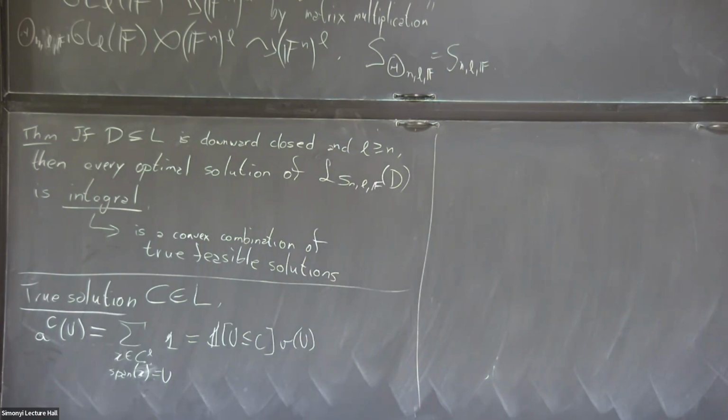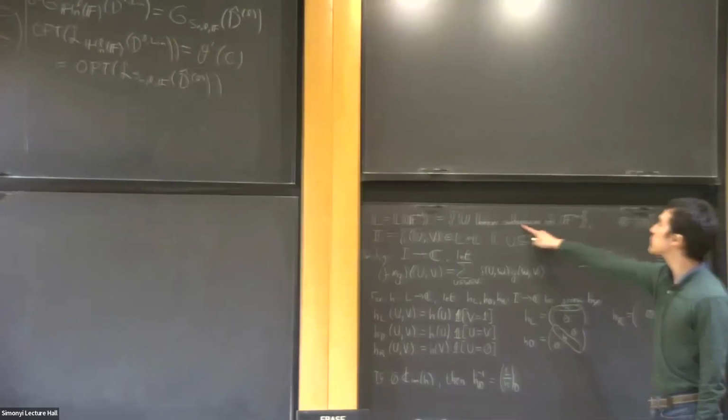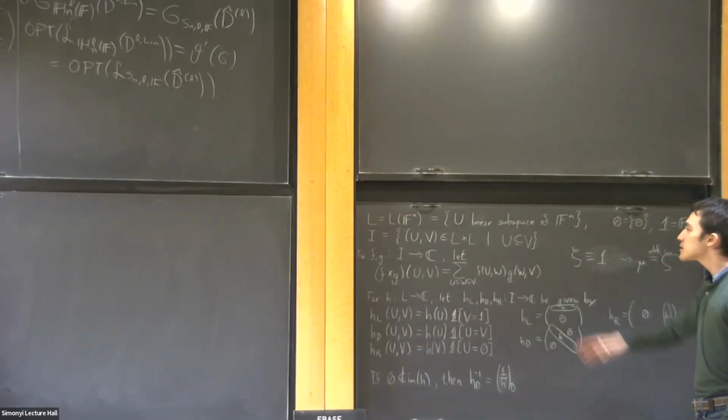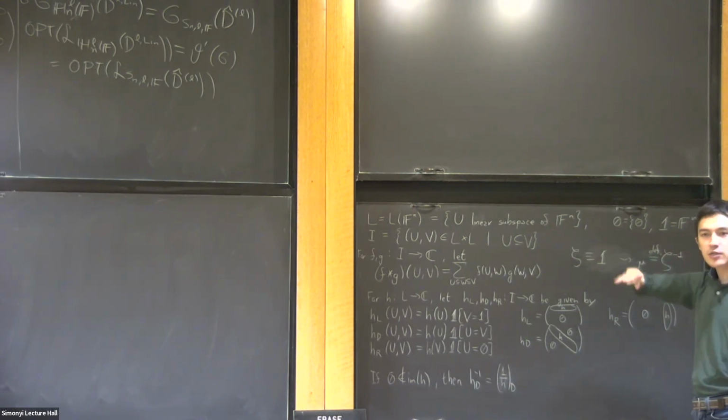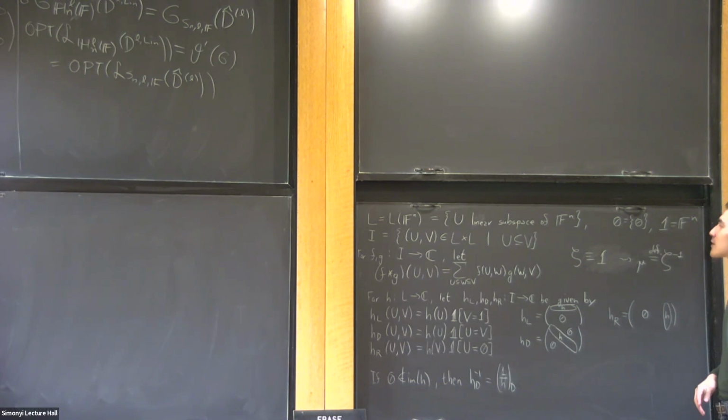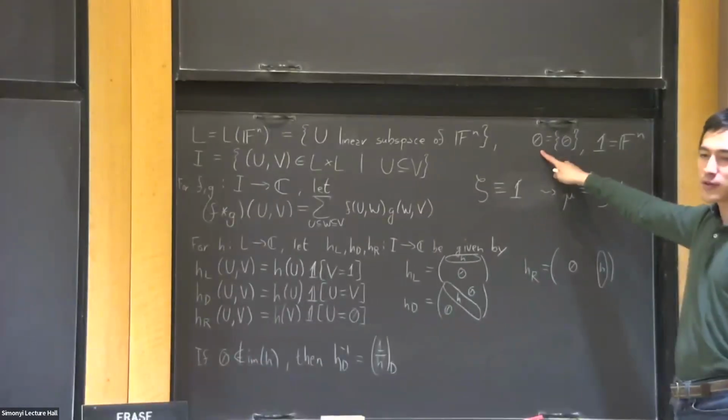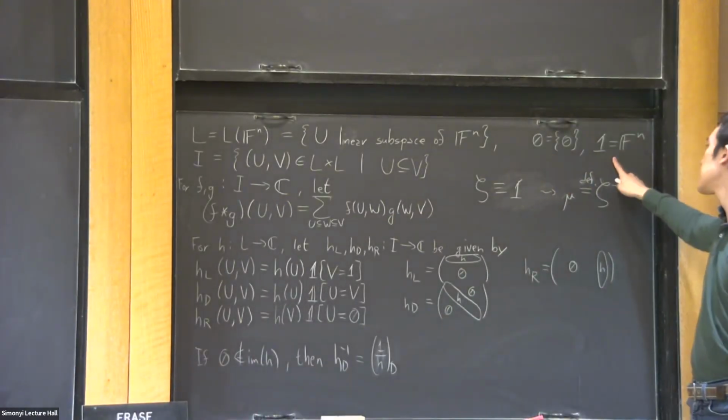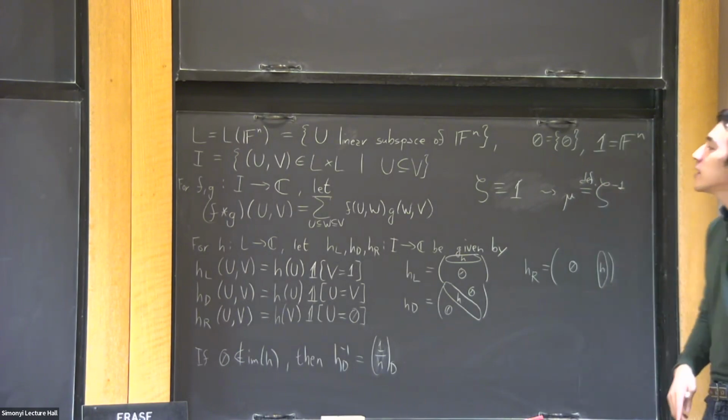Again, we're working with this L, which is the set of linear subspaces of F^n, and it's a natural poset with inclusion. And it's more than just a poset, it's actually a Boolean algebra. The bottom is the zero space, and the top is the full space.